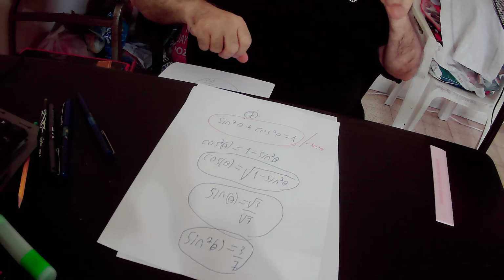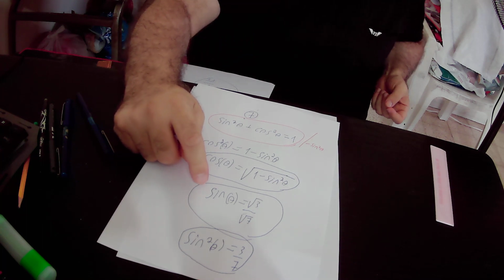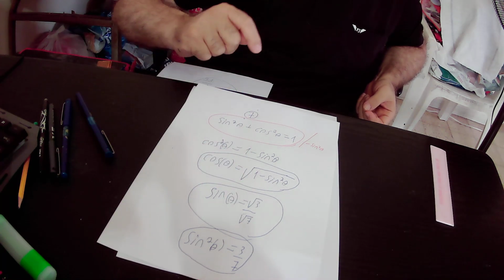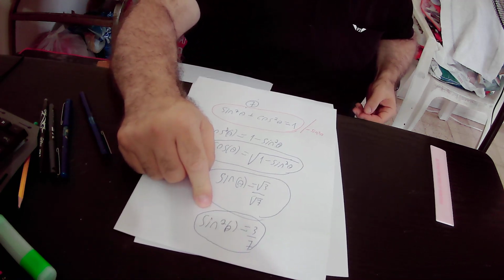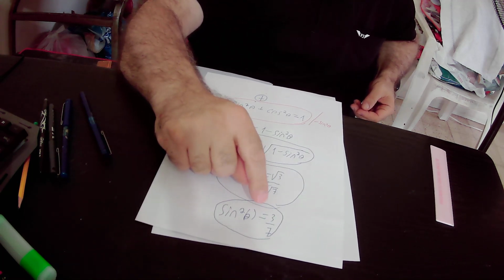But we know that the value of sine theta equals root 3 over root 7. So the value of sine theta squared will be equal to 3 over 7.